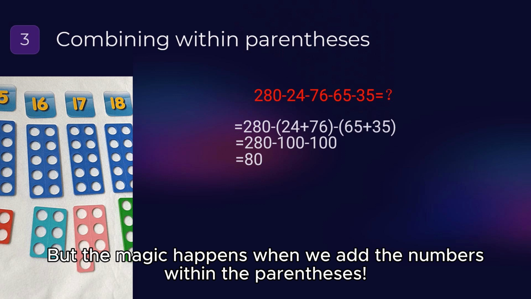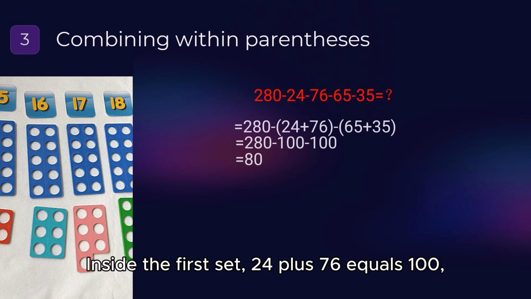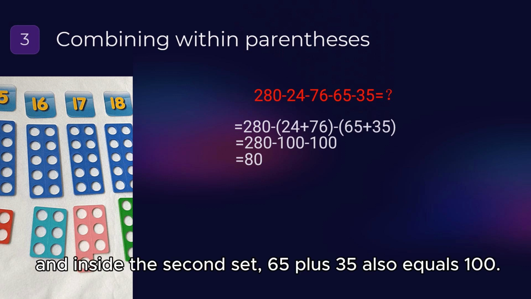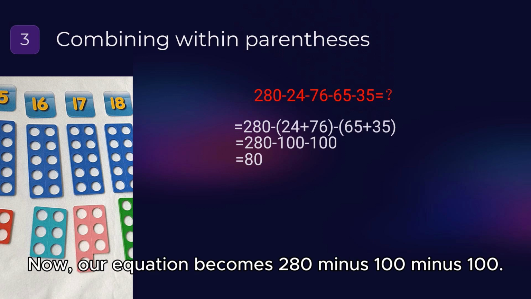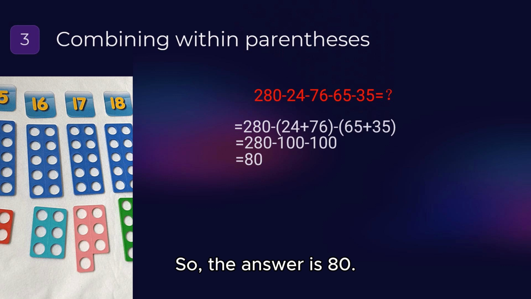But the magic happens when we add the numbers within the parentheses. Inside the first set, 24 plus 76 equals 100. And inside the second set, 65 plus 35 also equals 100. Now, our equation becomes 280 minus 100 minus 100. So, the answer is 80.